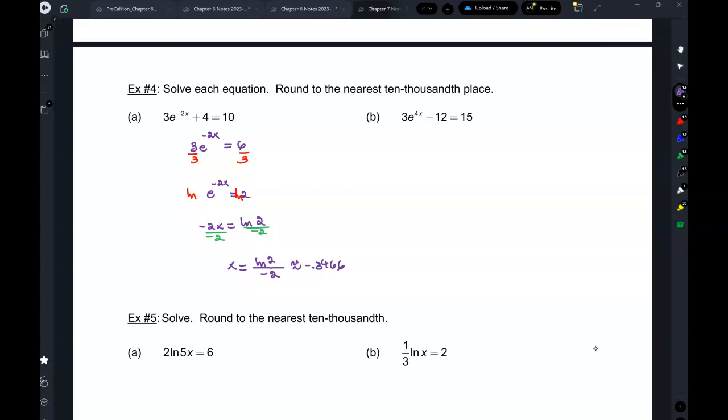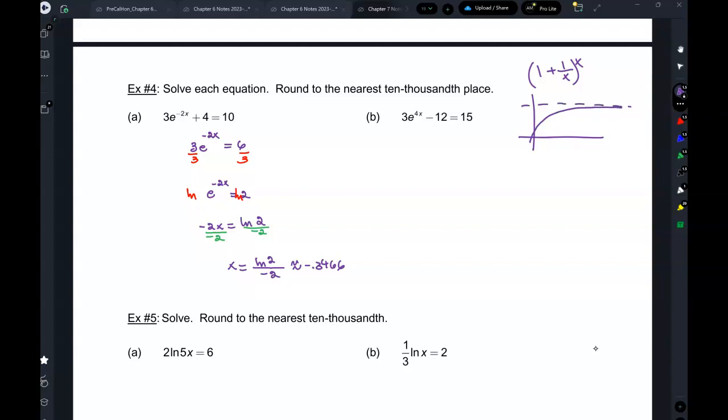E is just a number like pi is 3.1415, like that special number. Because there is another expression, 1 plus 1 over x to the power of x. And when you graph that, it looks like this.